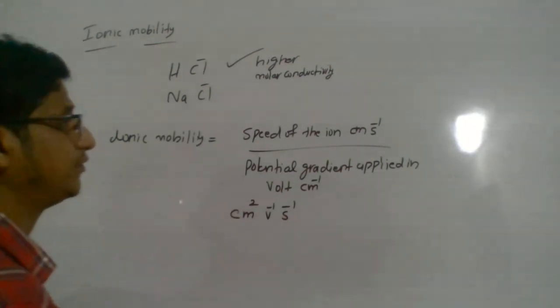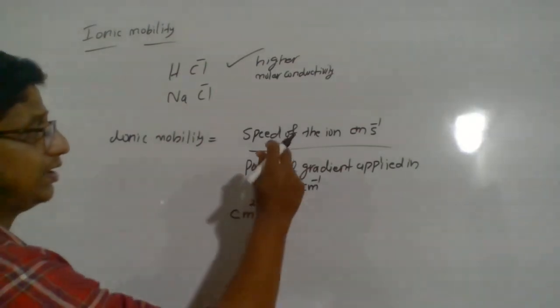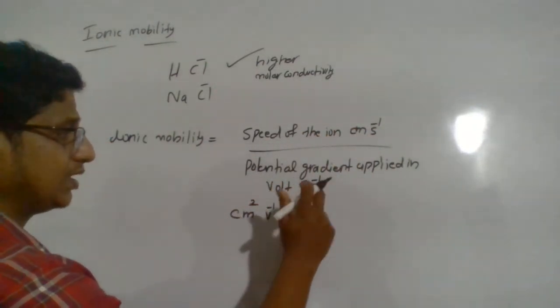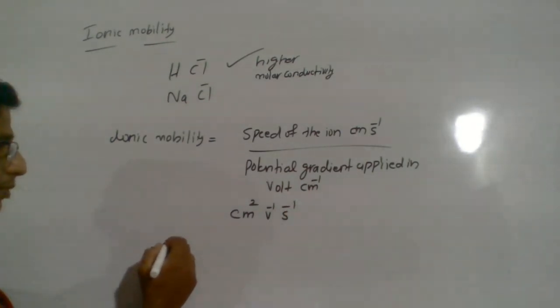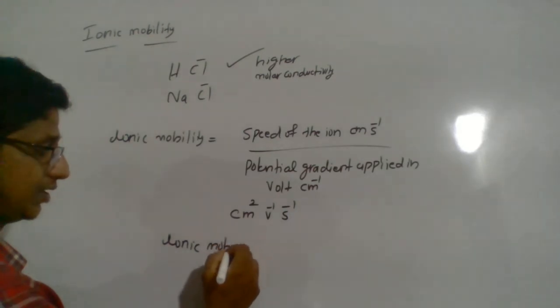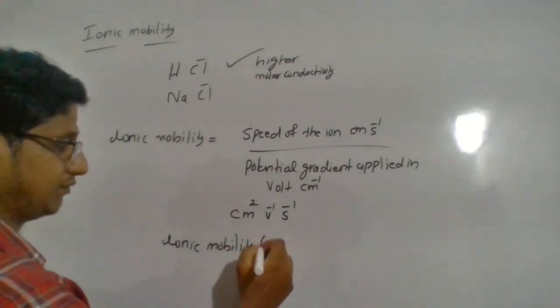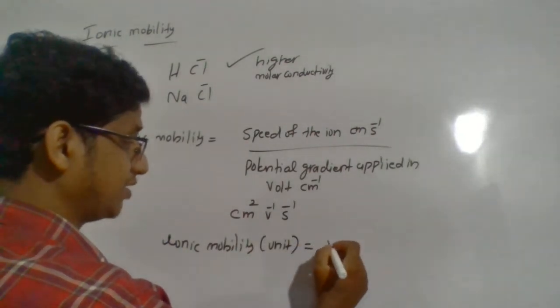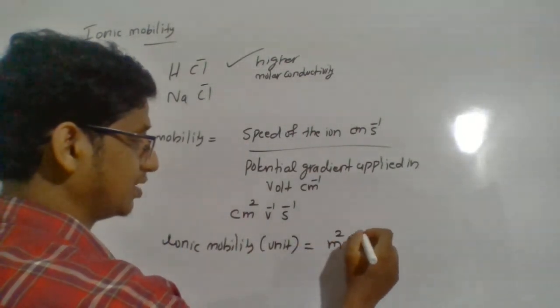Now the same thing, if you express it in meter, the speed of the ion in meter per second is divided by the potential gradient in volt per meter. So you can also express ionic mobility in meter. That is the SI unit: meter square volt inverse second inverse.